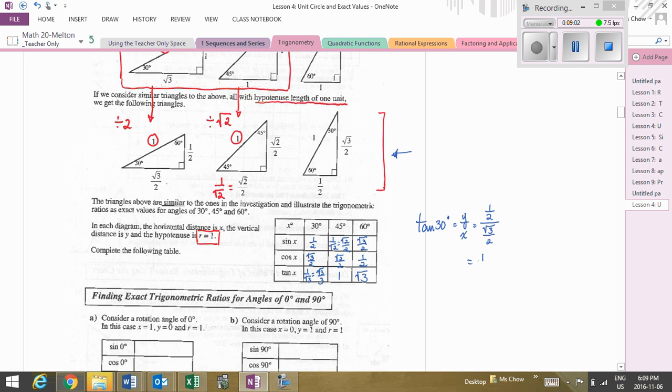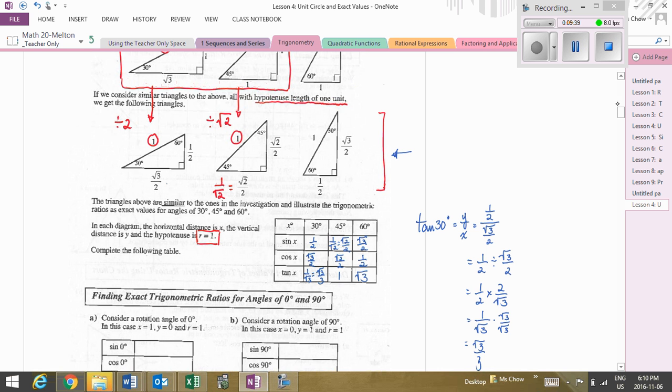That, of course, can be rewritten, since it's a complex fraction, 1/2 divided by root 3 over 2, or 1/2 times 2 over root 3. The 2's cancel each other out, or we're looking at 2 over 2 root 3 when we multiply across, so that's 1 over root 3. If we rationalize that by multiplying by root 3 over root 3, then we of course get root 3 over 3. So tangent becomes a little bit trickier. That's where looking at the original special triangles might be easier for you.